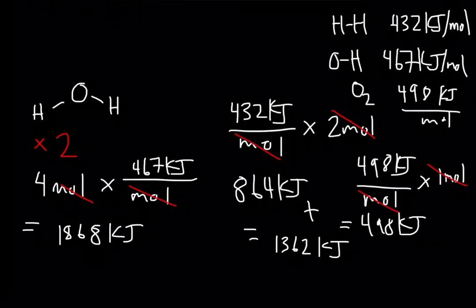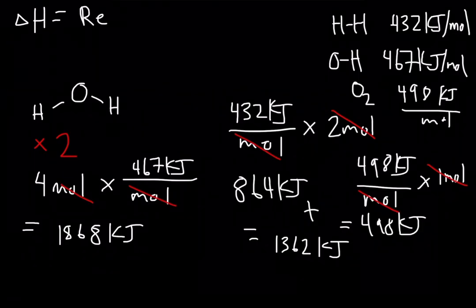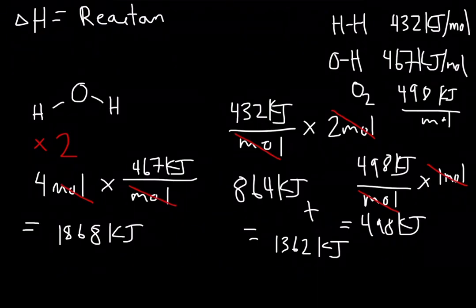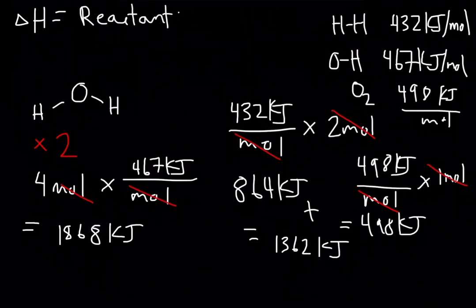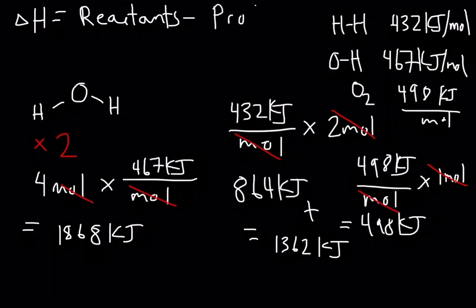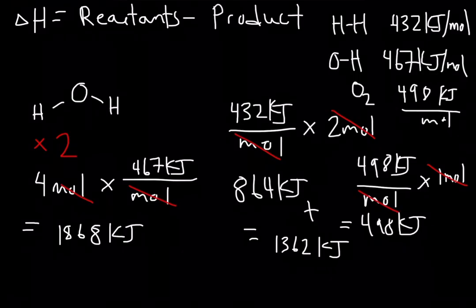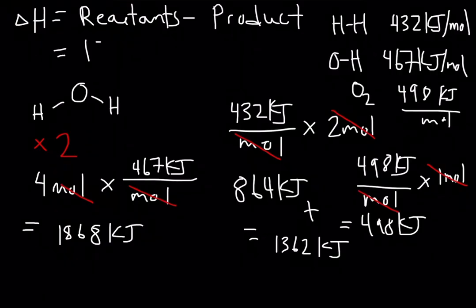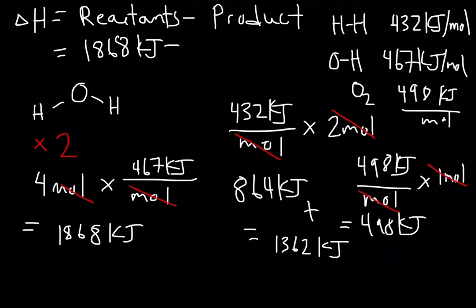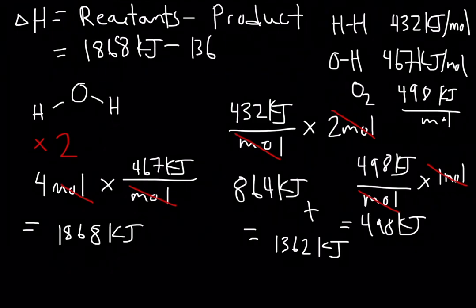Now the net energy change, delta H, is equal to the total energy of reactants minus the product, which is 1868 kilojoule minus 1362 kilojoule.